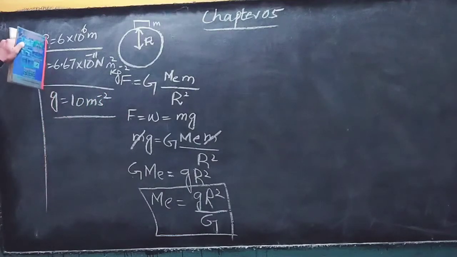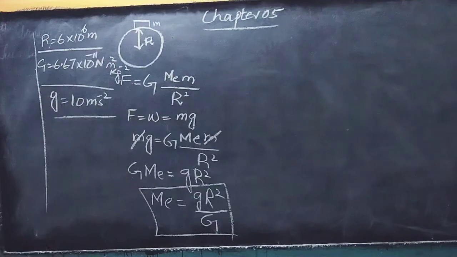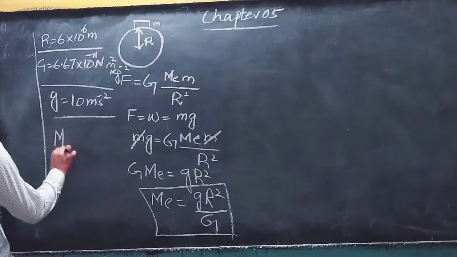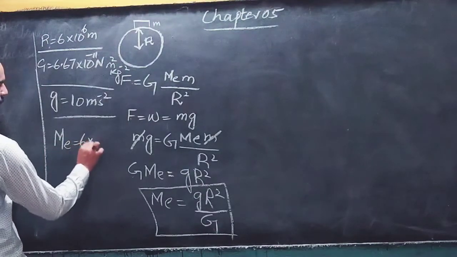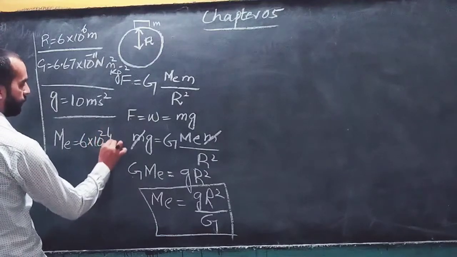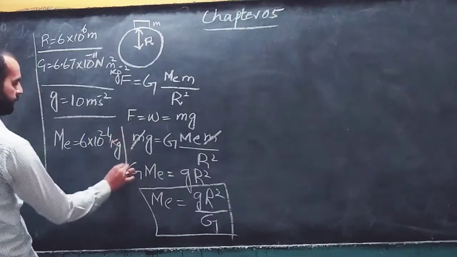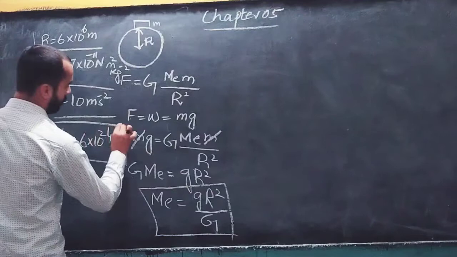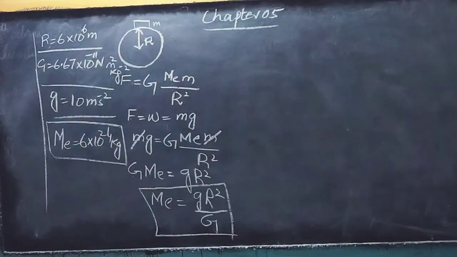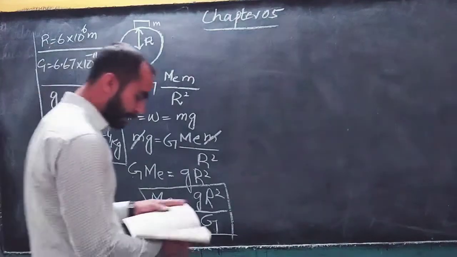When we put these three values in this equation, we will have Me is equal to 6 into 10 raised to power 24 kg. This is an approximate value of the mass of Earth, which will be found by using this formula.